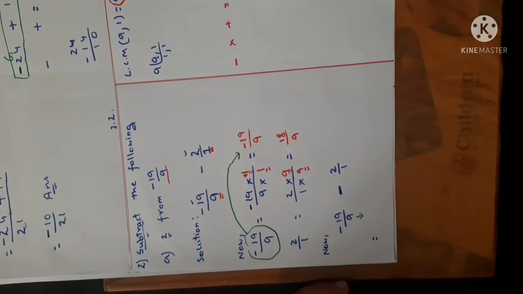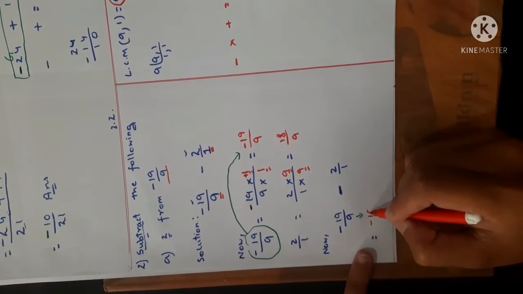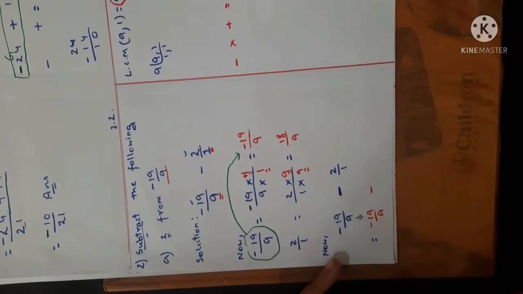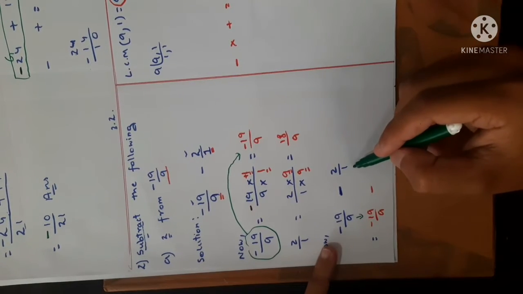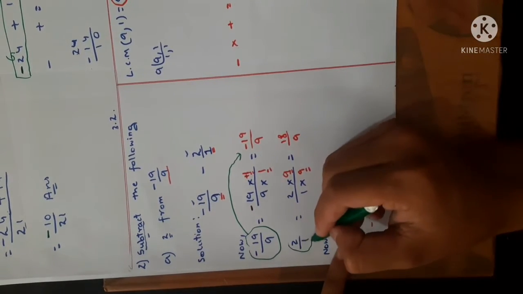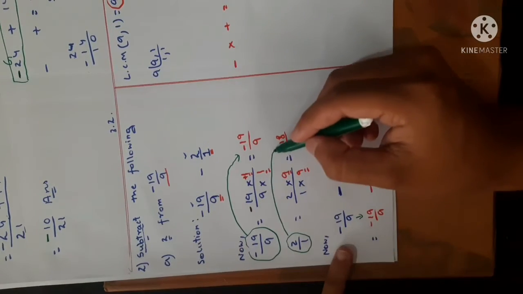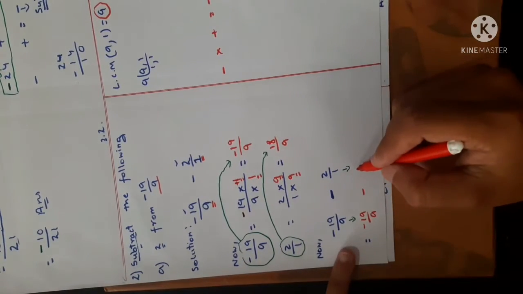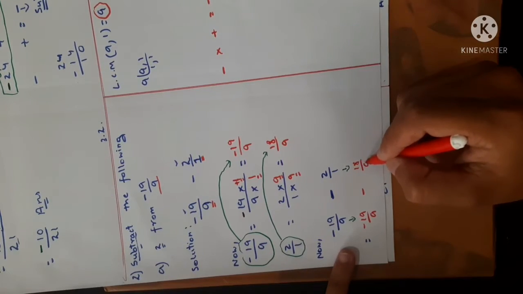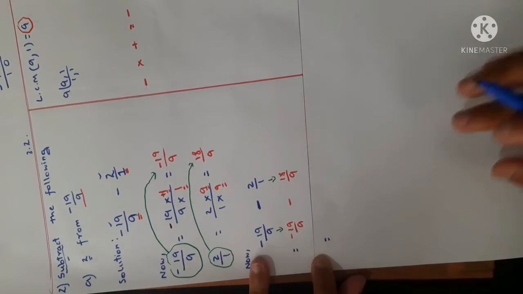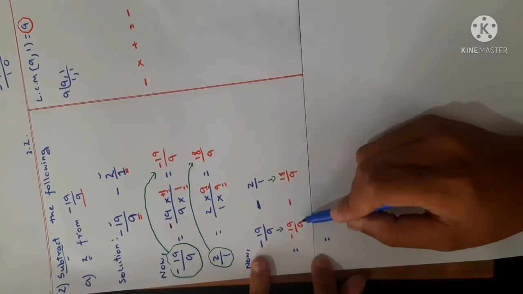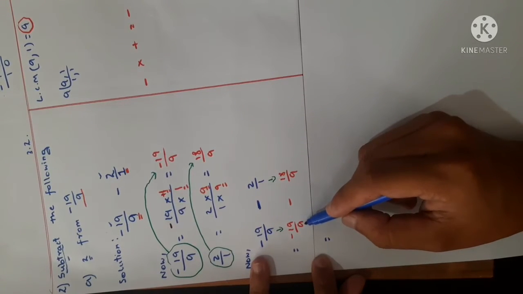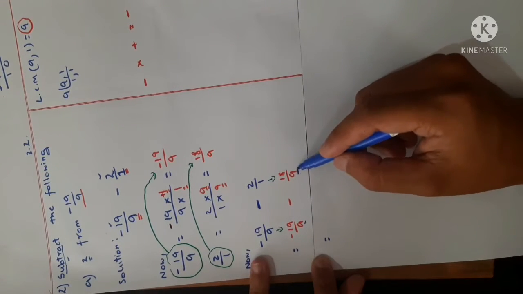So we just write minus 19 by 9. This is a minus sign, so minus. And the equivalent rational number of 2 by 1 is 18 by 9. So in place of 2 by 1, we write 18 by 9. We see here that they have the same denominator. Minus 19 by 9, the denominator is 9, and 18 by 9, the denominator is 9.